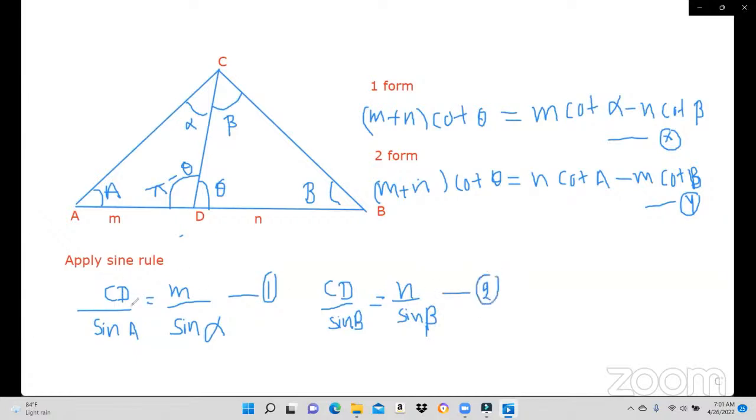Now you can see here also CD is available and here also CD is available. So you can have a relationship between 1 and 2. I will directly take the relationship because of the lack of space. CD divided by sine A equals m divided by sine alpha.